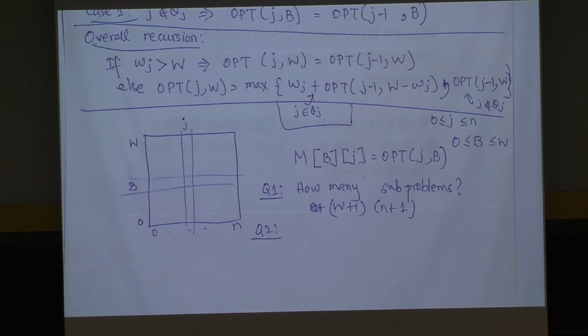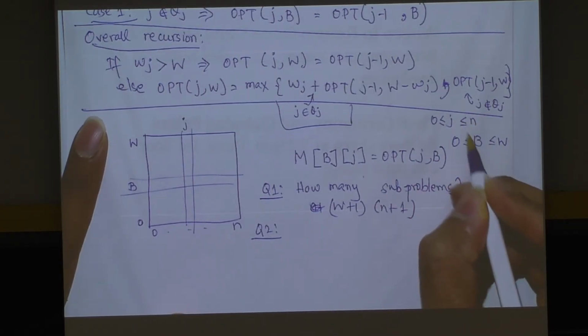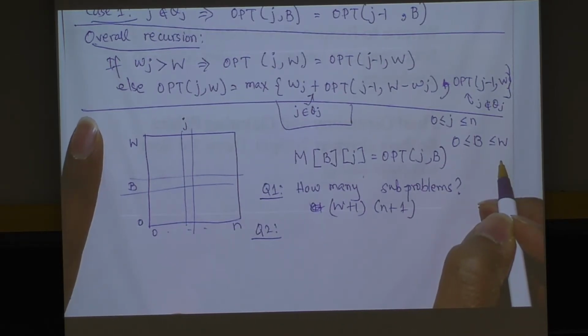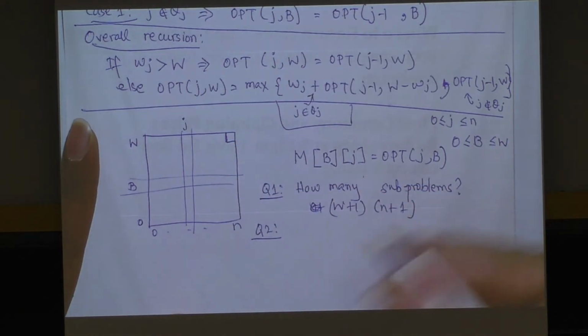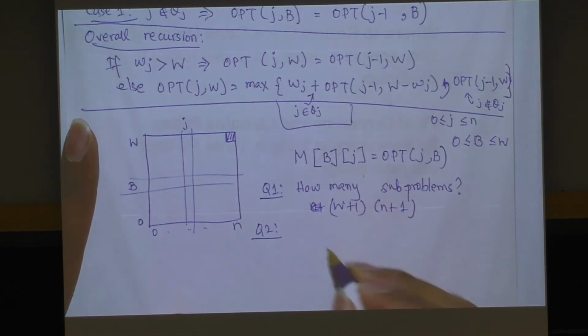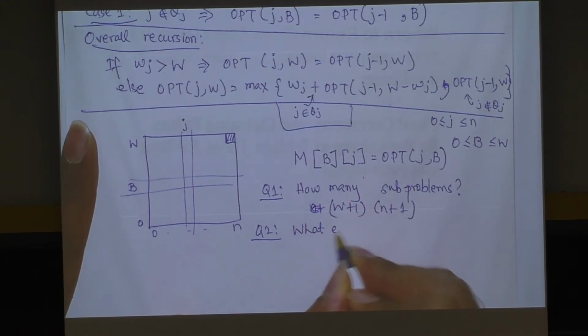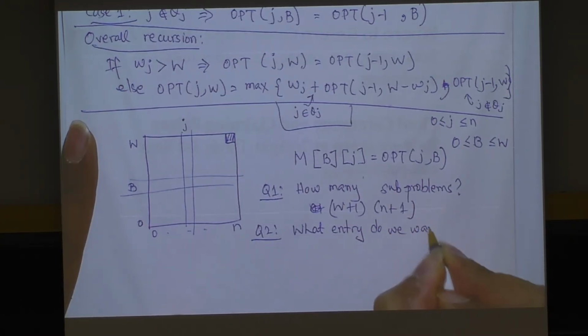Mehmet? No, so again, remember my original input had n numbers and my original budget is w. So you want n comma w, right? So the second question was, what entry do we want?